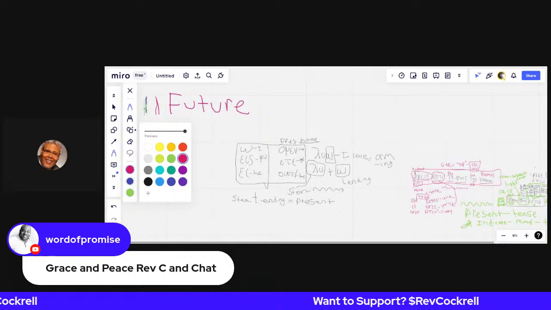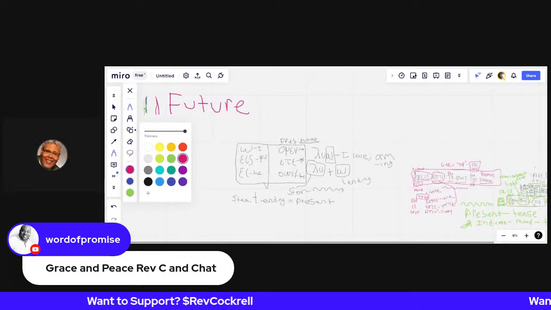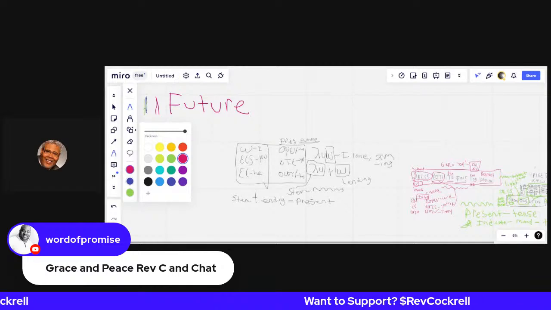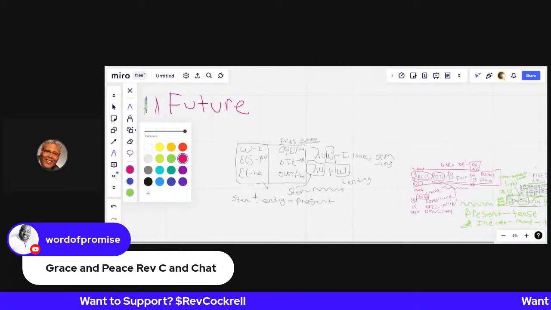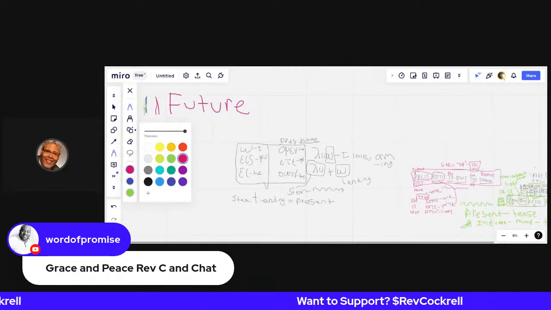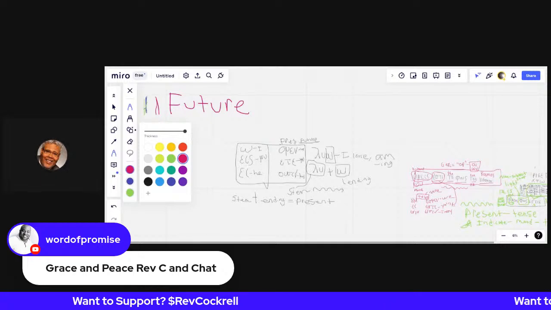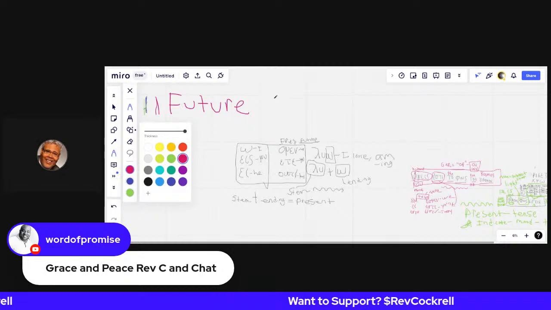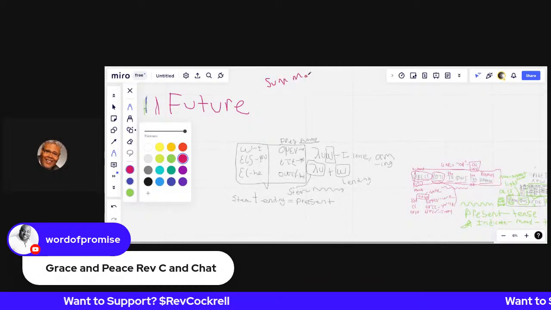The future can kind of give you an aoristic perspective. What we mean by aoristic perspective is it tells you that something is going to happen, but it's a summary tense, pretty much.